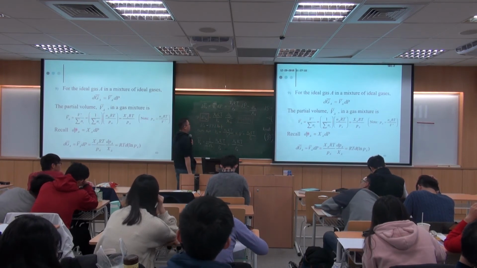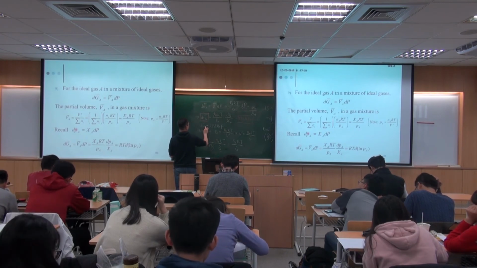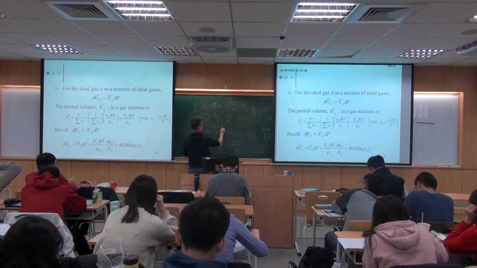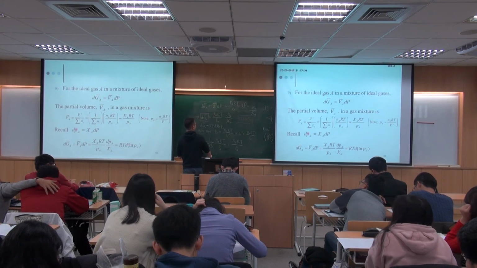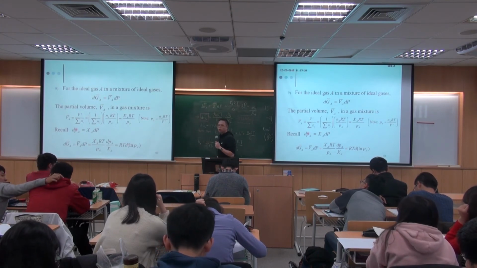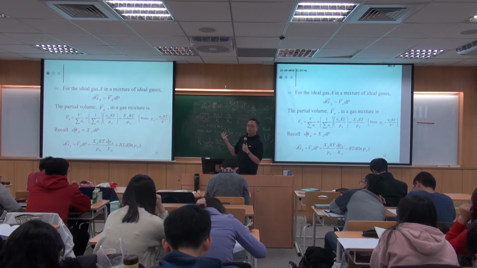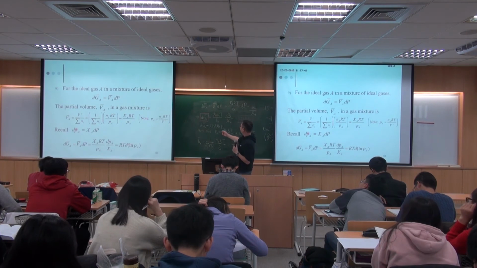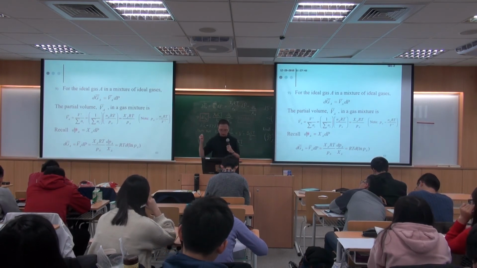So it's almost the same, except that now you're dealing with partial molar quantities, like G bar for certain species, and you use small p. So this is pretty straightforward. Although the derivation seems complicated, the result is pretty straightforward and, let's say, pretty elegant.